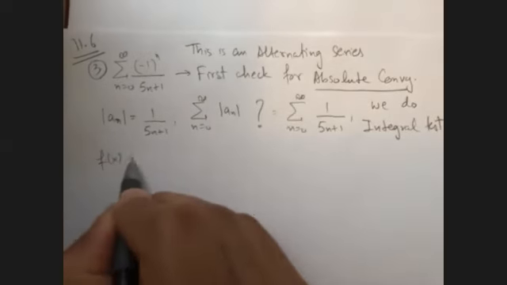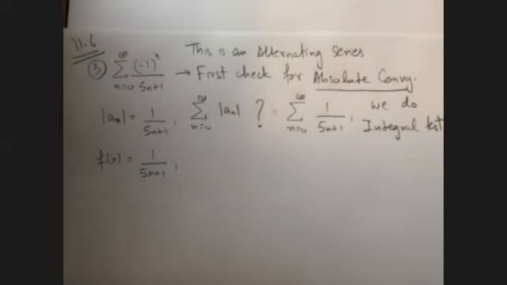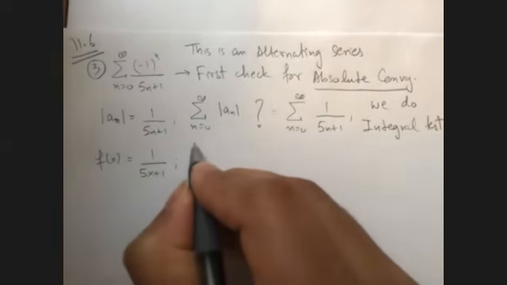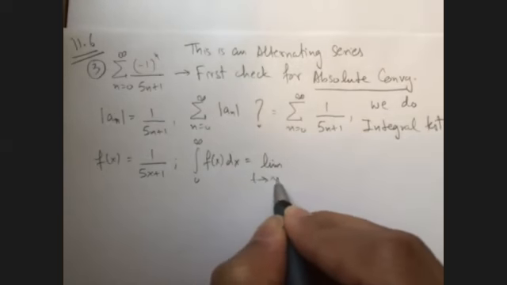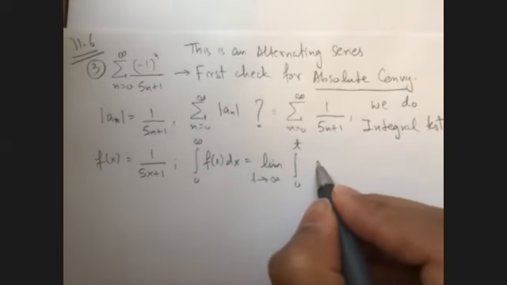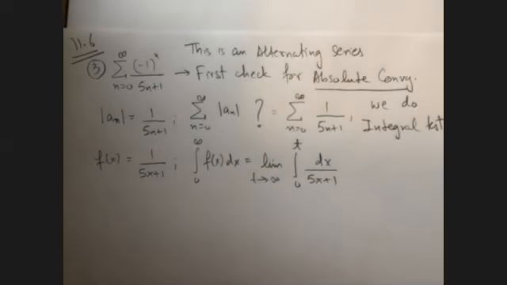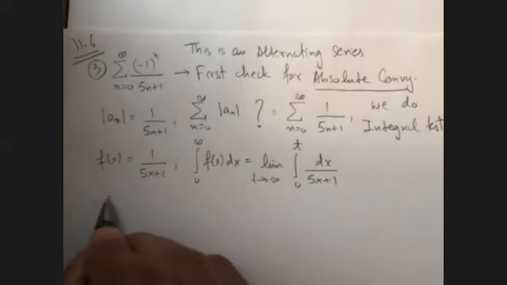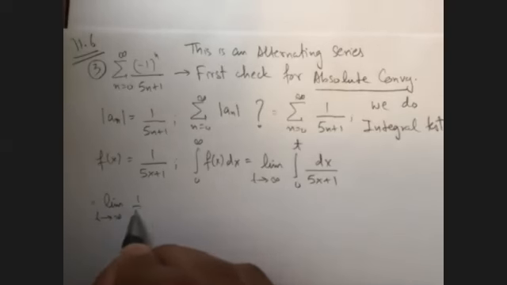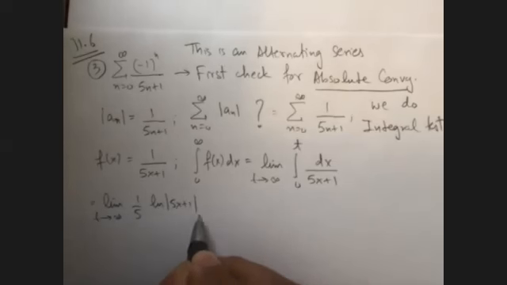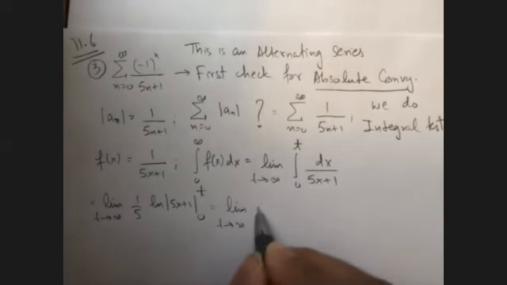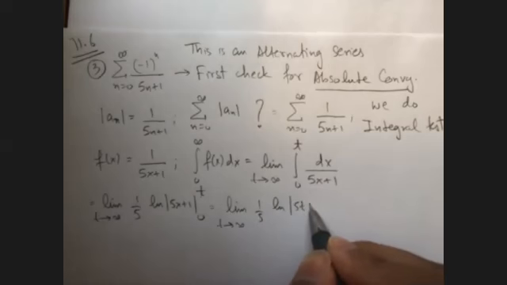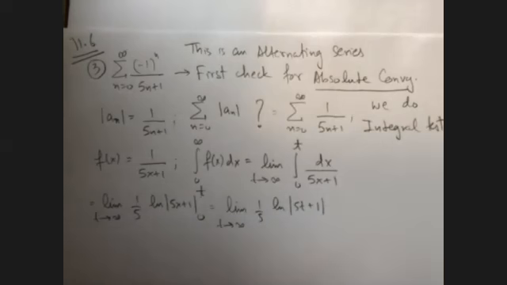So let f of x... then... because when I substitute 0, I get ln 1 which is 0.